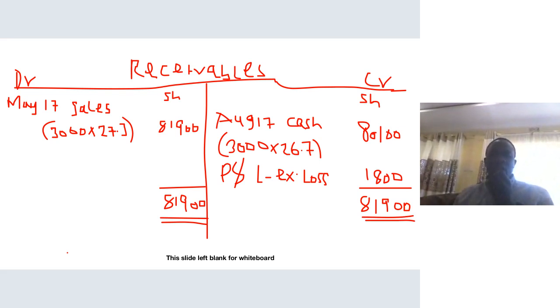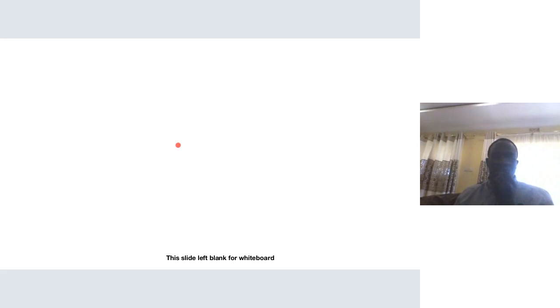Then we can move on to the last one, D, the long-term loans. I hope we all know what a loan is. Again, this is also a liability, but now the ones that are to be paid over a long period of time.